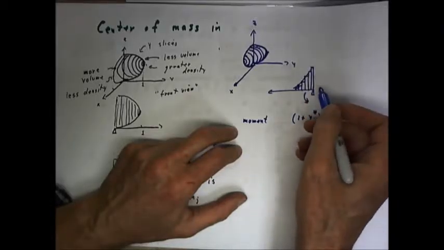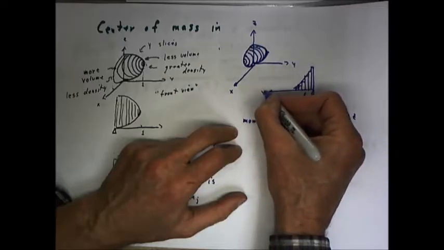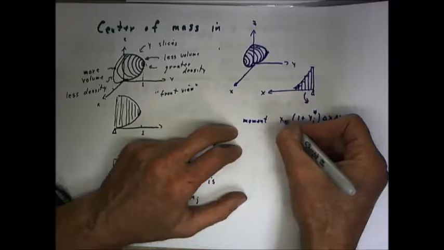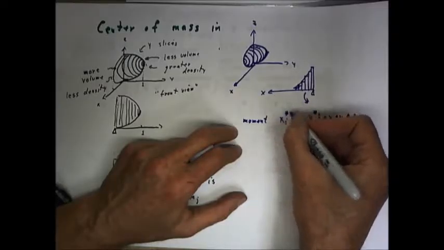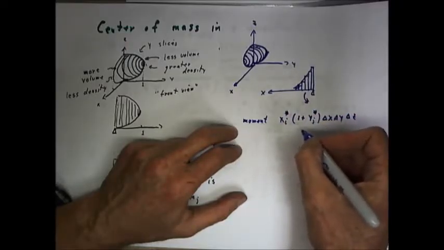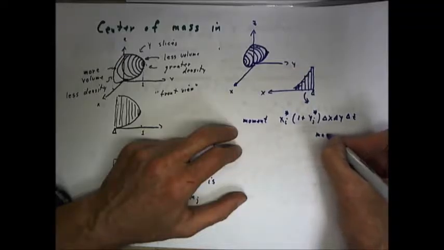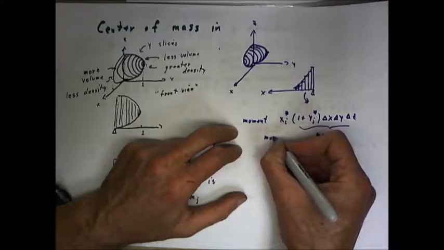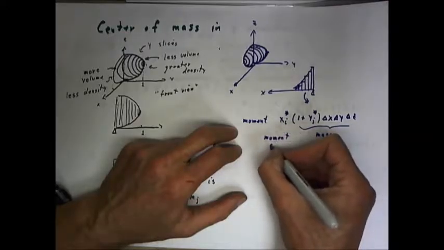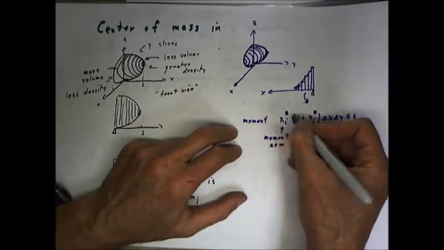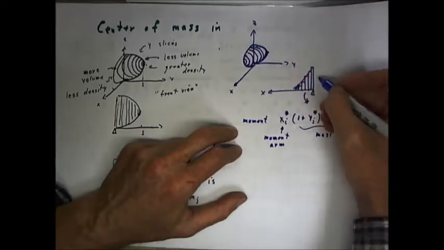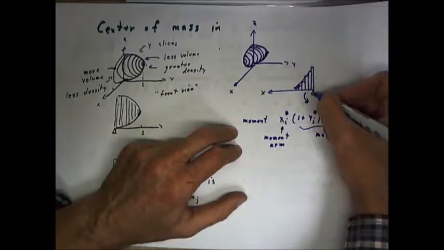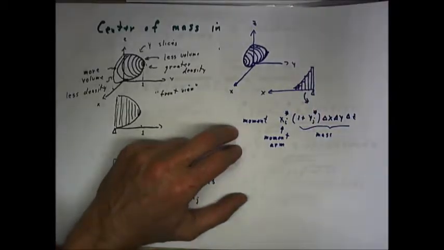But now the fulcrum is here, and the distance from the fulcrum changes with x, so that our moment is going to be x_i star times the mass. So this is called the mass, and this is what we call the moment arm. The distance of the mass from the axis or the fulcrum, the axis of rotation or the fulcrum.